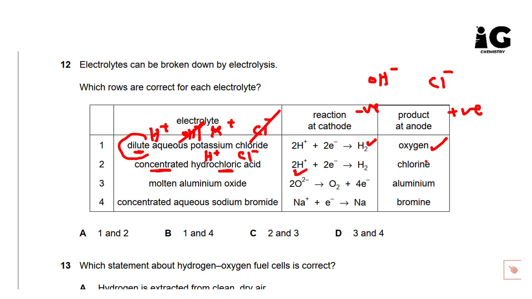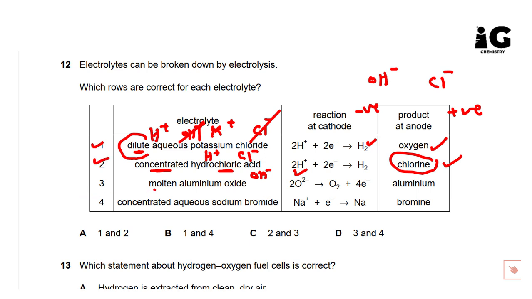What about the product at the anode? Here we have chloride ions, and since there is water, we still have OH minus also. In this case, because the solution is concentrated, Cl minus will be oxidized at the anode to form chlorine. This is correct. So right now 1 and 2 are correct.